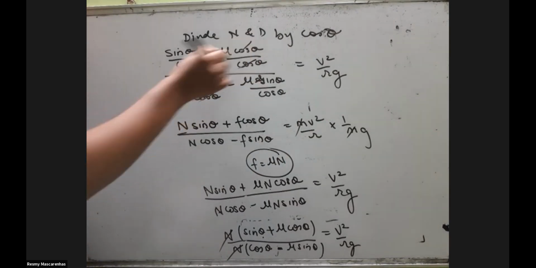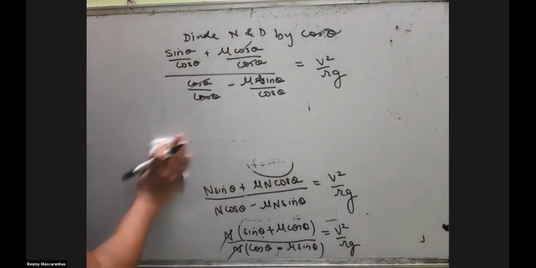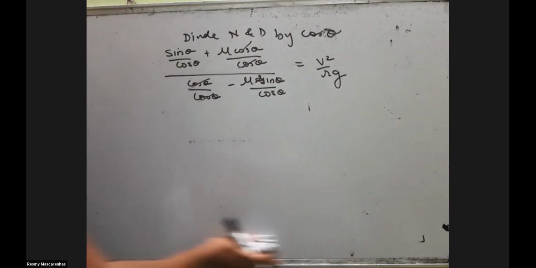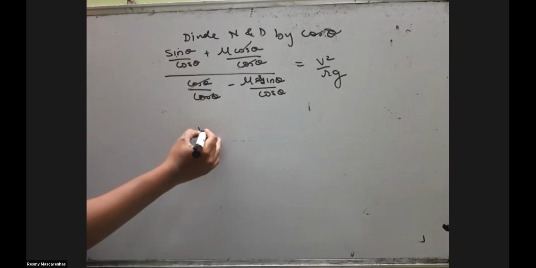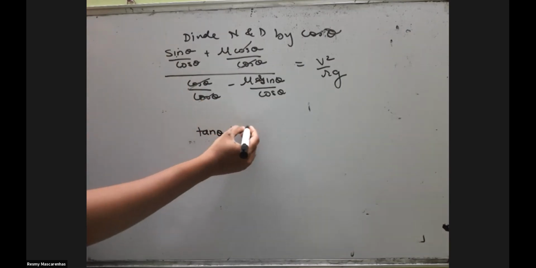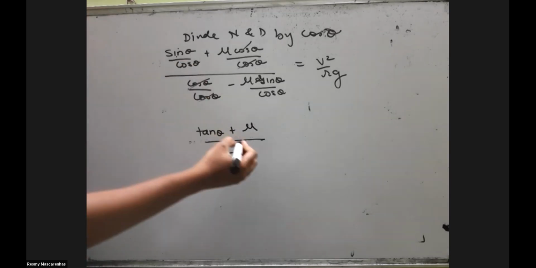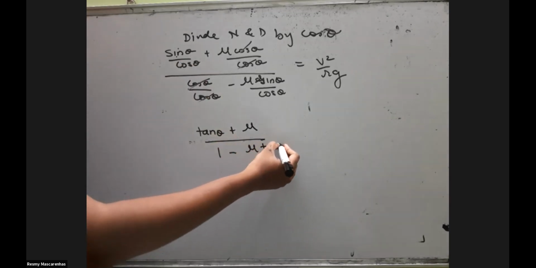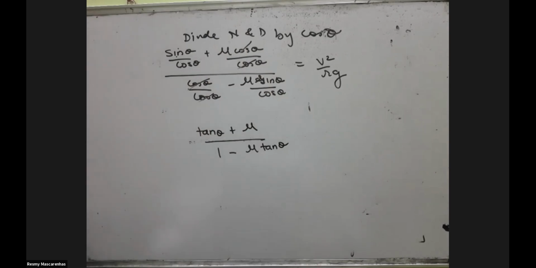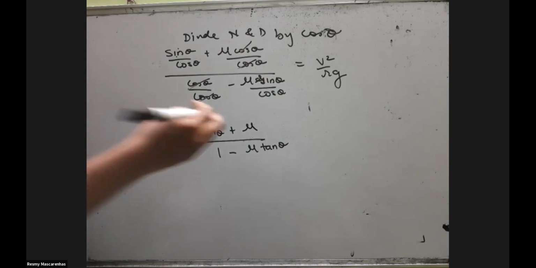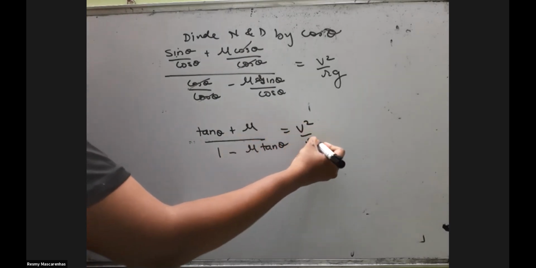This will cancel. So sin upon cos will give you tan theta, is equal to v square upon r.